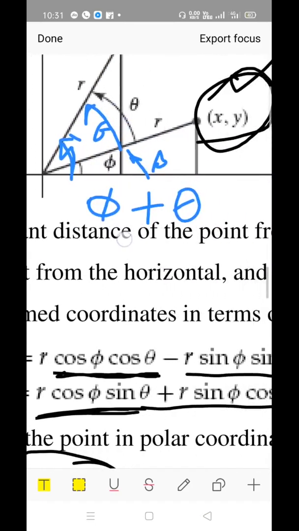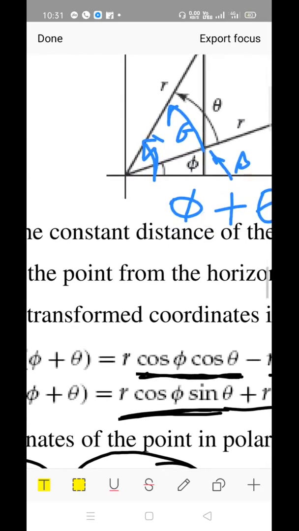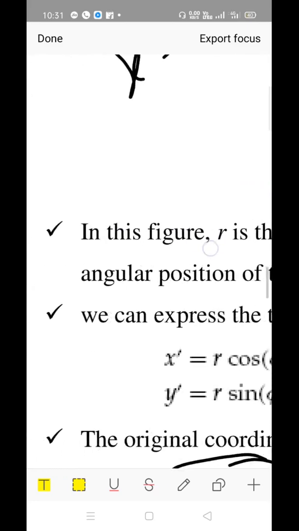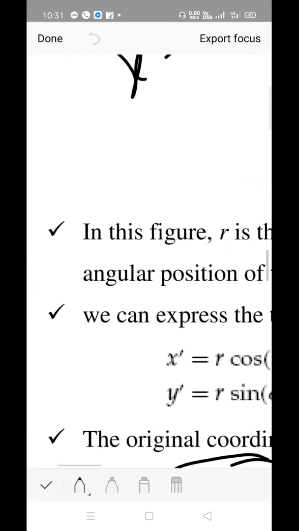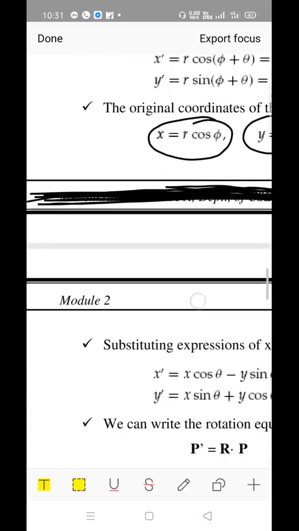Y parameter. So the y parameter is obtained by considering the opposite side, right? The opposite side is the y axis, equivalent to the y axis there. So we are getting y equal to r, that is the hypotenuse, into sine of the angular displacement. What is the angular displacement for the original point? It is phi. It is not equal to theta, isn't it?